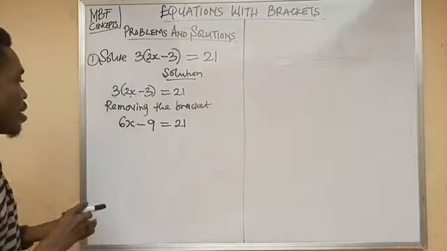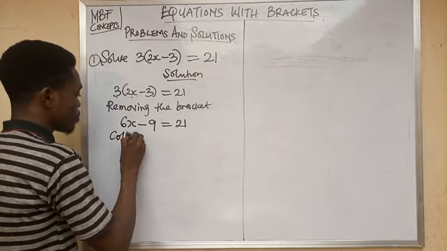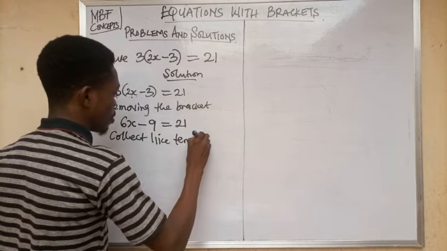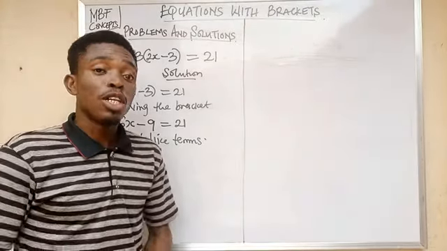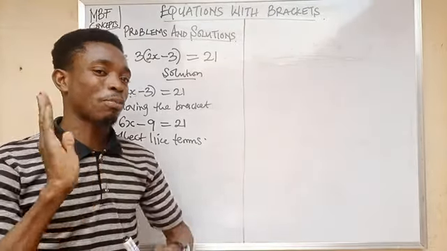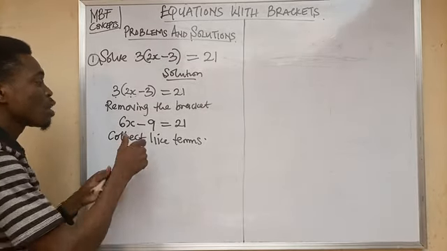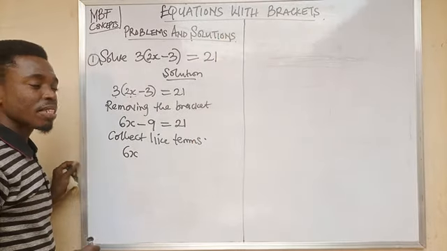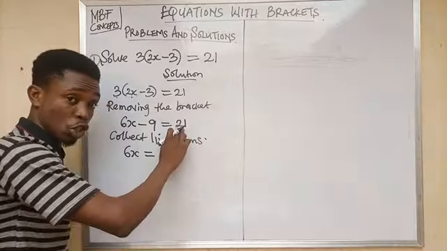So when we have this, the next thing we quickly do is to collect like terms. We simply say collect like terms. And what are the like terms here? We already know by standard the ones that should be at the left hand side and those that should be at the right hand side. So 6x occupies the left hand side. Now minus 9 and 21 occupy the what? The right hand side. So we are going to have equal to 21. Now this is rightly positioned originally, is that correct?